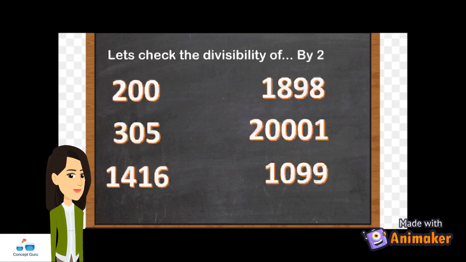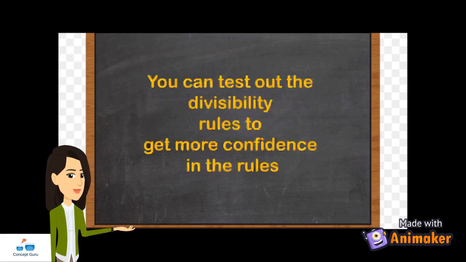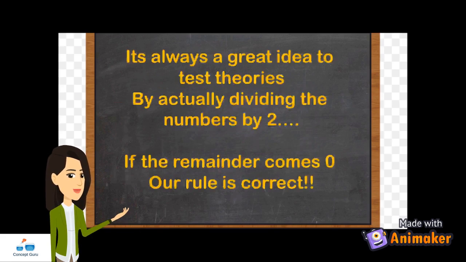We are going to check the divisibility of these numbers by 2: 200, 305, 1416, 1898, 20,001, 1099. Now you can test out the divisibility rules that we just spoke about to get more confidence in these rules. It's always a great idea to test theories by actually dividing the numbers by 2.